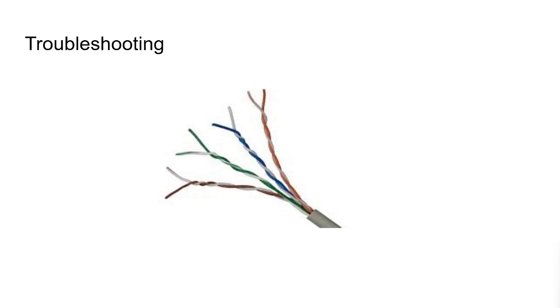You could also have attenuation, where a wire is really, really long and there are no breaks in it, and this will cause the electrical signal to be lost over distance.